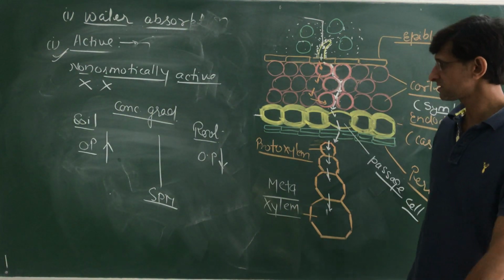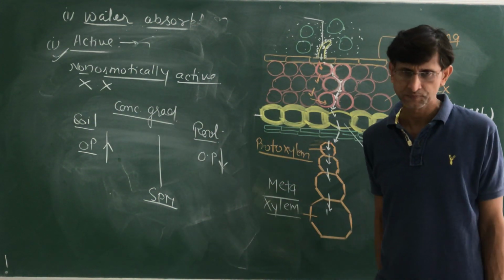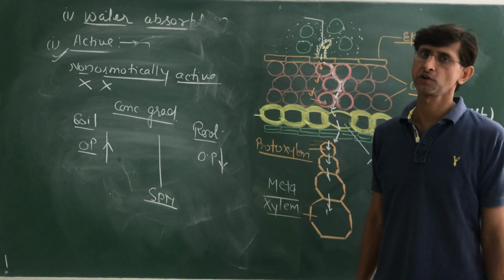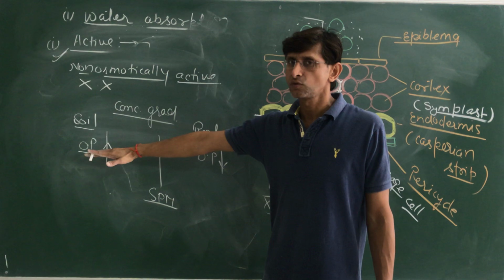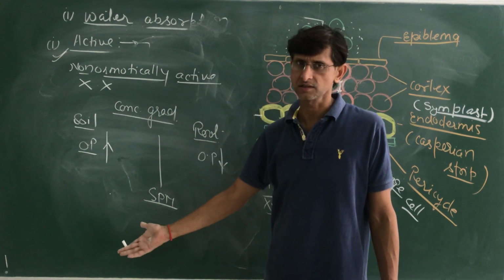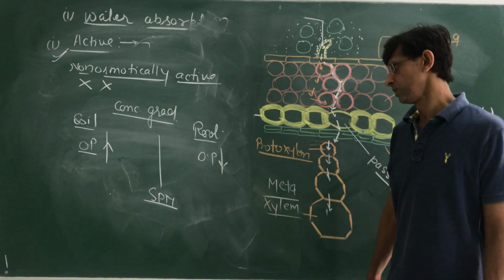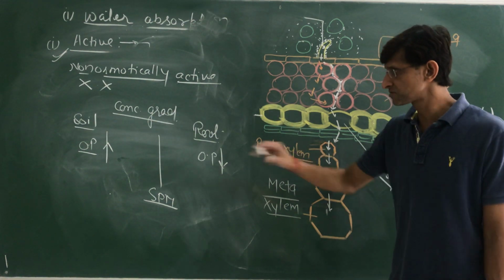If osmosis occurs, then it will happen from root to soil. But it is not desirable. Root cannot lose their water. Root always needs water from soil, though their present water is in higher concentration or in lesser concentration. But root always needs water. So how will root absorb water this time?